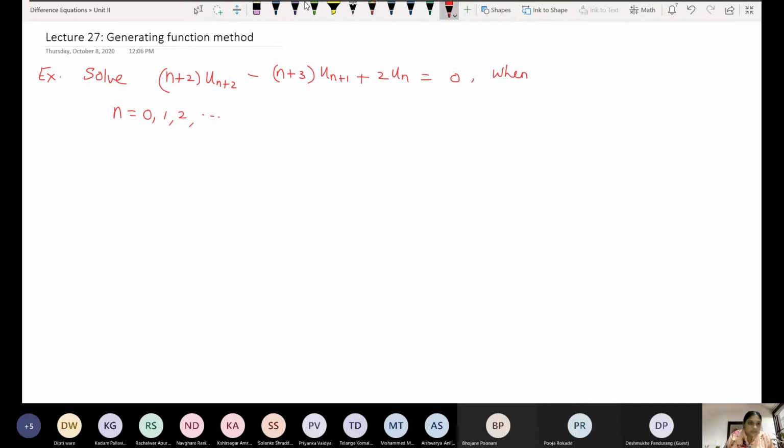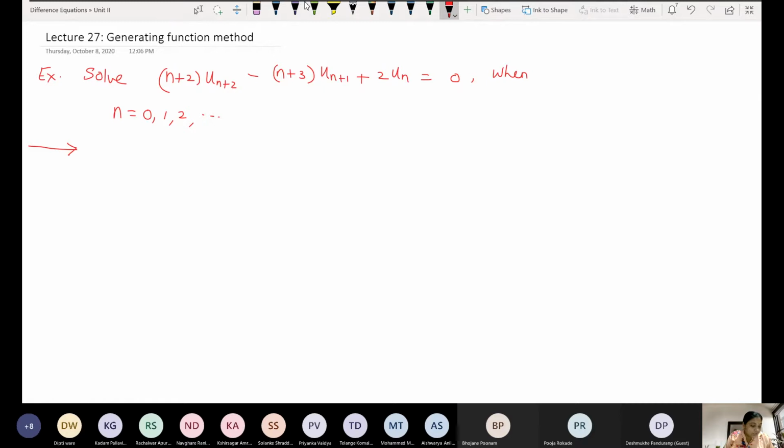So what is the order of this difference equation? 2. Yes. So this also can be written as n plus 2 u at n plus 2 minus n plus 3 u at n plus 1 plus 2 times u at n is equal to 0. Okay, another notation.